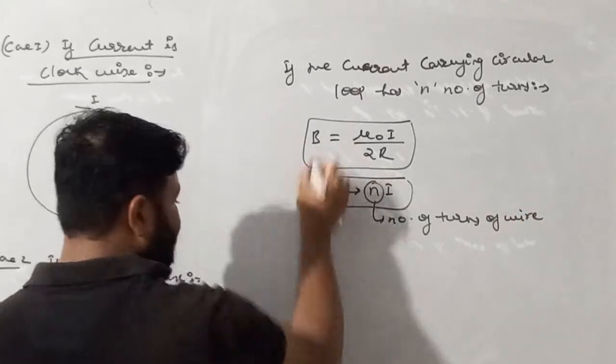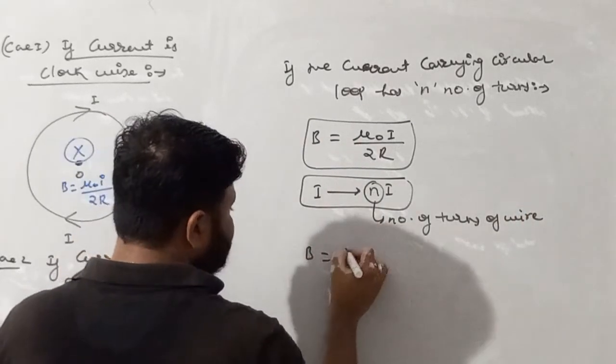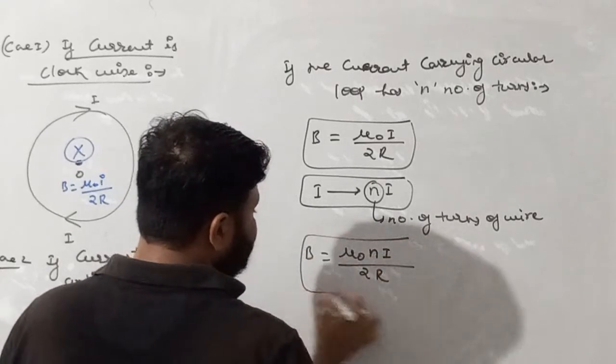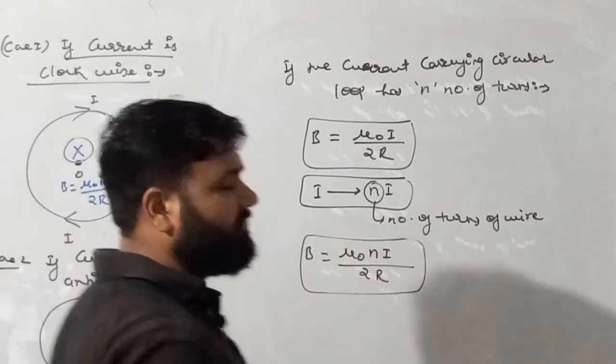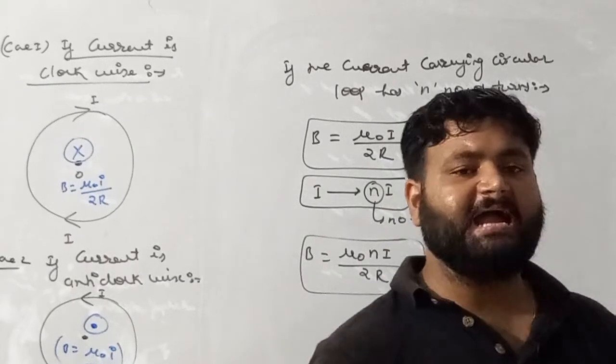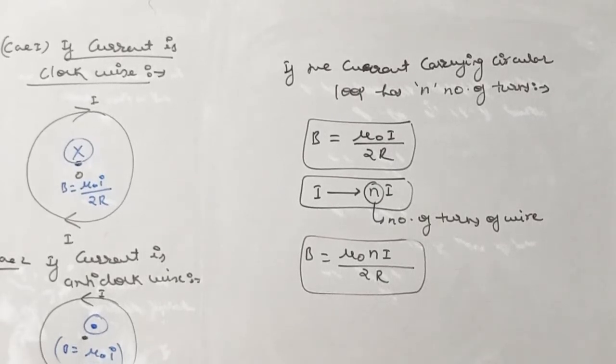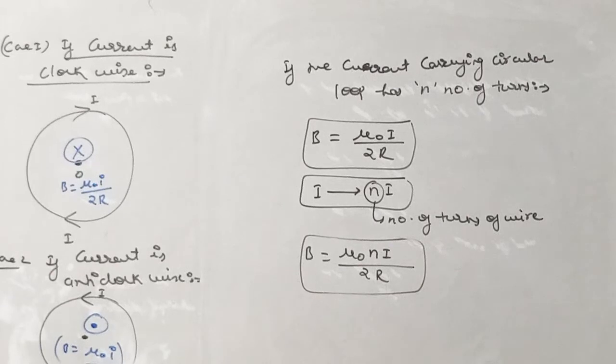So we can write B as mu naught nI upon 2r. This is the value of magnetic field at the center of the current carrying circular loop if n number of turns of wire are present. Moving forward, my dear student, I hope you all understand this concept as well.